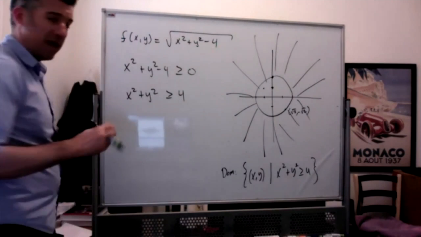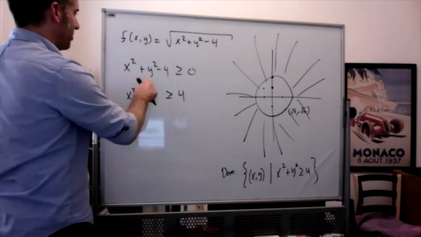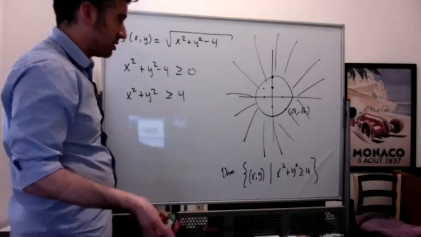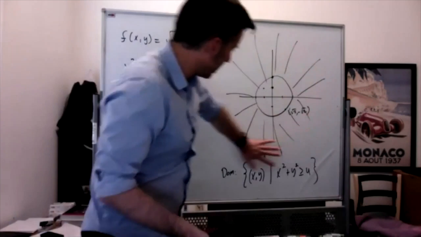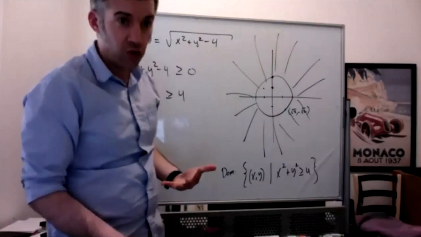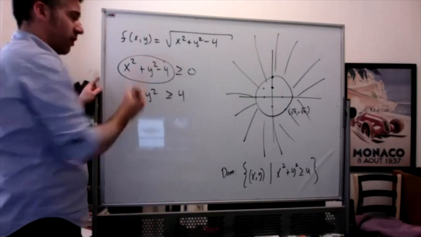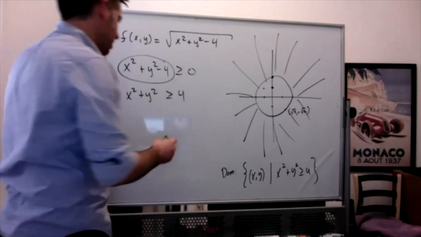Well, here's what we have. We have that x squared plus y squared minus 4 is definitely greater than or equal to 0, right? That's the condition that we got to. So if you pick any point in the domain, it's true that this thing here is greater than or equal to 0. This one's actually not too bad, right?